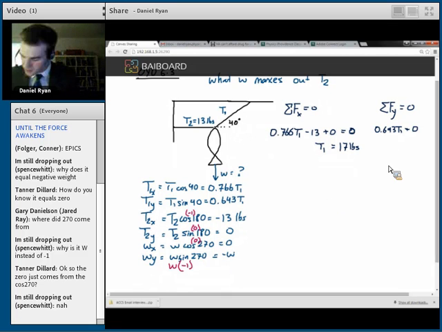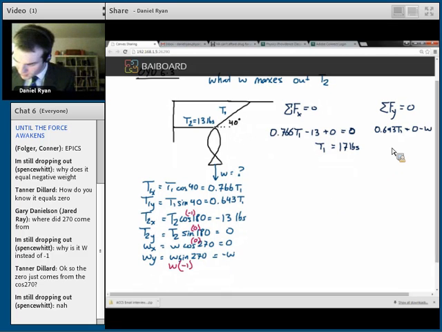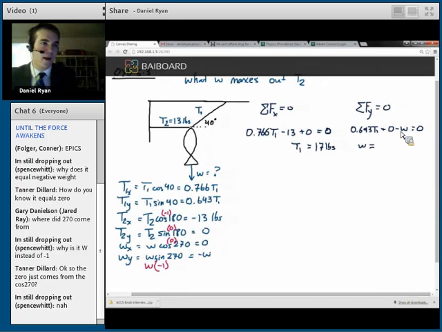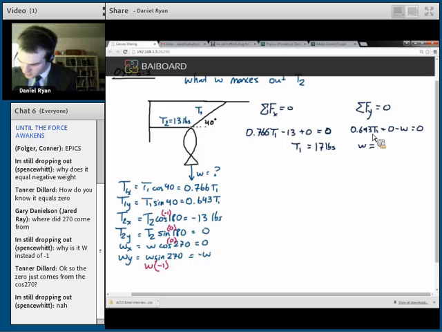If I rearrange this, skipping a few algebra steps here, I find that the weight is equal to 0.643 T1.